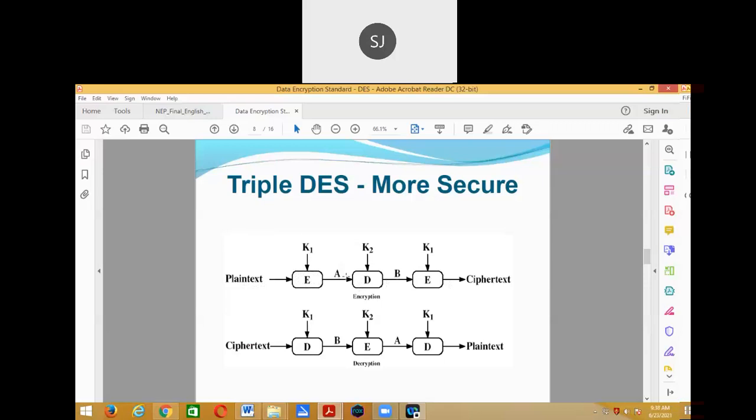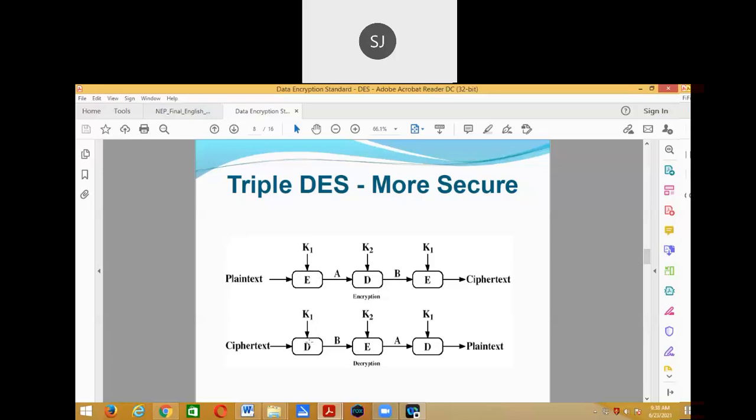The output of that is subjected to another DES with a different key, K2. The output of that is subjected to another DES with the same key K1. Whatever you generate is the ciphertext. This is triple DES, used instead of a single DES to strengthen it.